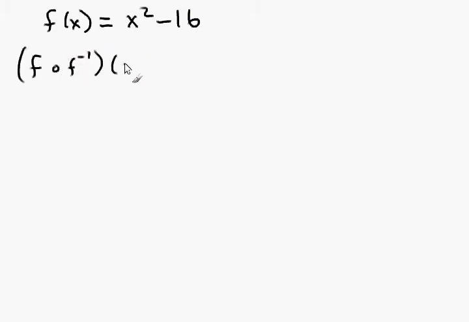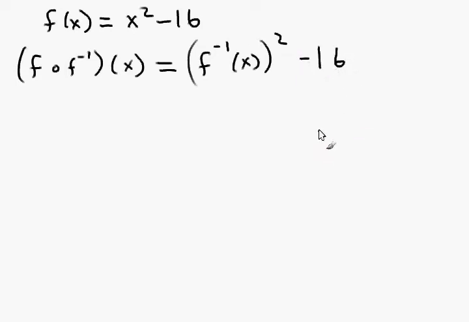Let's try this again with f this time. f's a little bit more complicated, so this will be interesting. Alright, now remember, f of x was x squared minus 16. So f of f inverse of x will be f inverse of x squared. It's always good, when you start squaring your functions, to put them in parentheses. Minus 16.